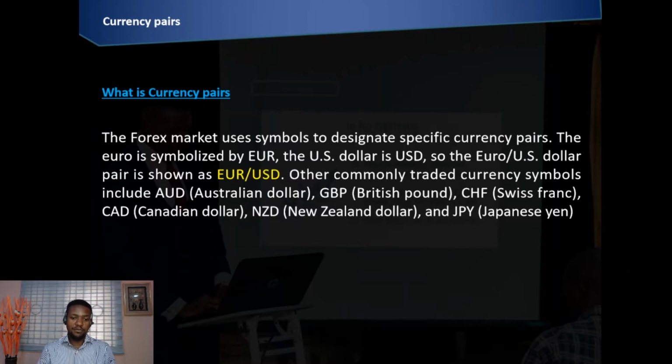So the euro US dollar pair is shown as EUR/USD. Other commonly traded currency pairs include AUD, which is the Australian dollar, GBP, the British pound, CHF, that's Swiss franc, CAD, that's Canadian dollar, NZD, New Zealand dollar, and JPY, which is Japanese yen.